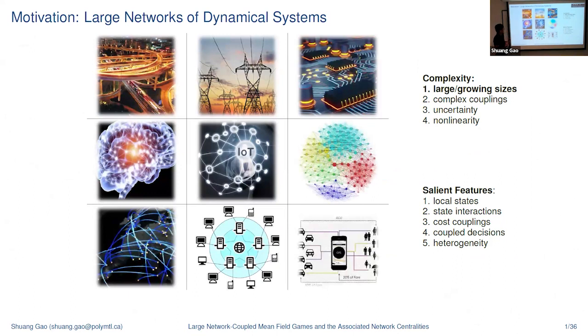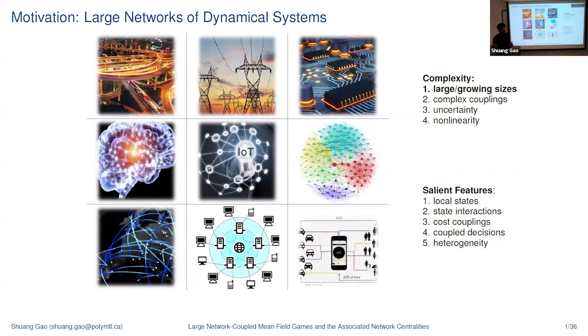We see many examples of networks, ranging from social and biological to technological networks. These networks have the feature that oftentimes a node is associated with a state characterizing its status, and the states interact with the states of other nodes, so they evolve together.